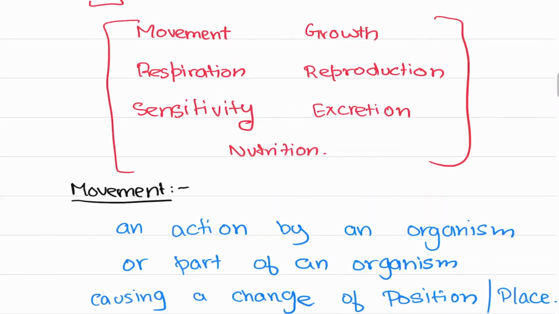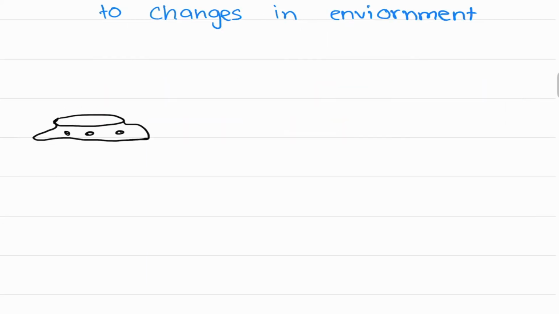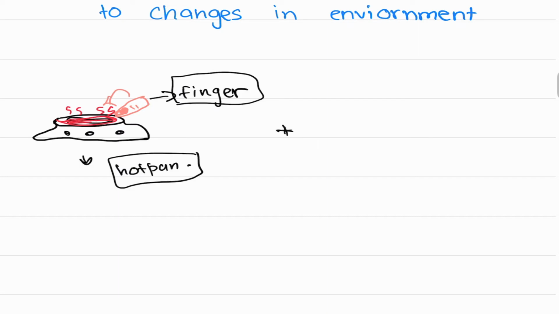Now the next is sensitivity, the ability to detect and respond to changes in the environment. Say there is a stove, and by mistake I put my finger on the hot pan without knowing it's hot. What will happen? My hand will burn. I will not just keep it there, and then when I see with my eyes that my hand is burning, remove it. It's nothing like this.